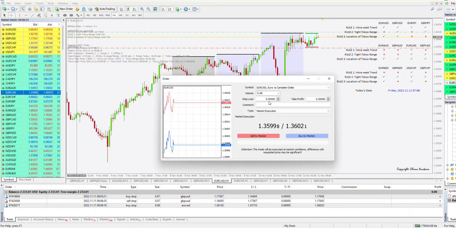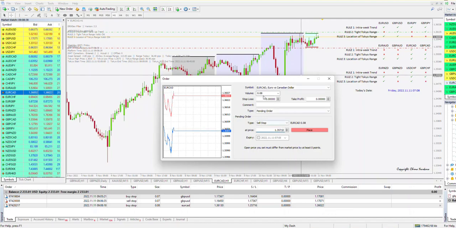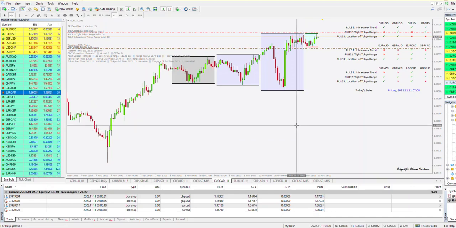New order, and I'm going to do a sell stop pending order, and my entry is going to be 1.3571, and my stop loss will be 1.3613. Place. Boom. Ready on the second one.